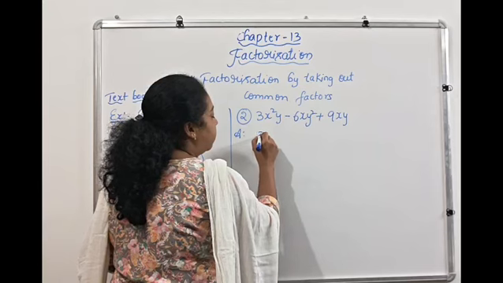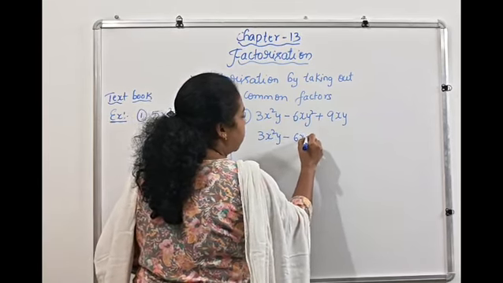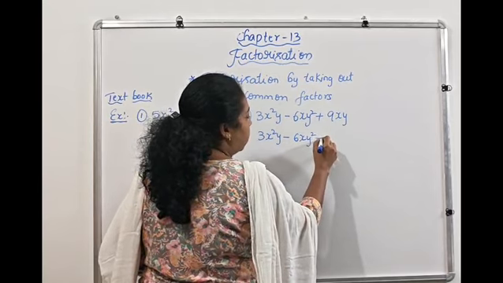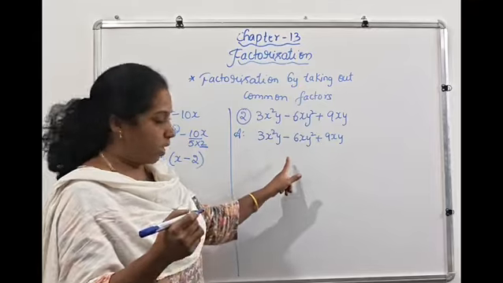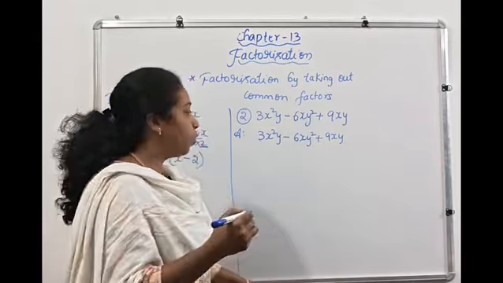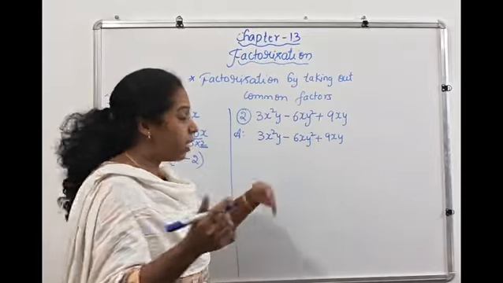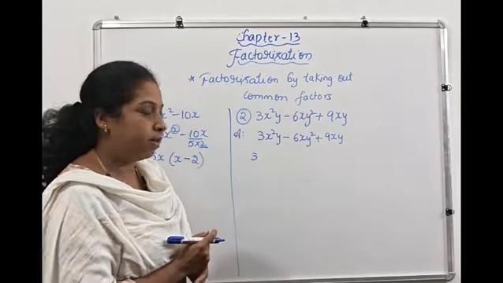First we have to write the given expression. So 3x square y minus 6xy square plus 9xy. In this we already know that 3 will be a common factor, right?